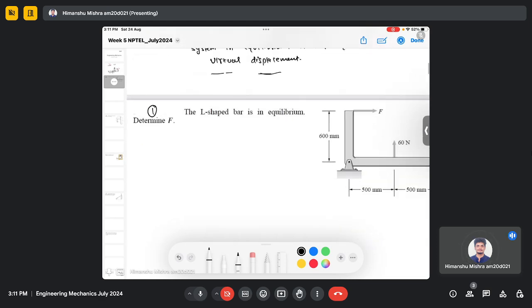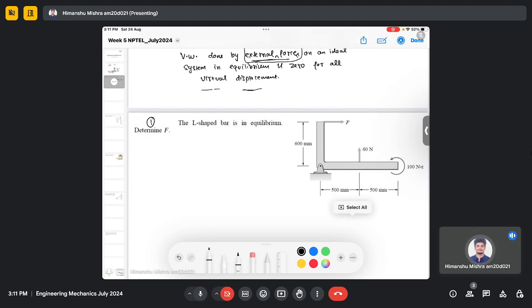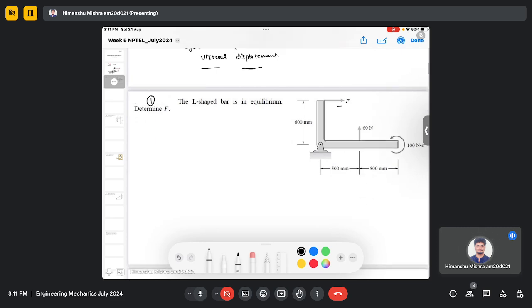So first let's consider a simple problem. Here we are given an L-shaped bar which is in equilibrium, and we need to determine F. First we need to identify the virtual displacements which are going to happen due to these active forces.